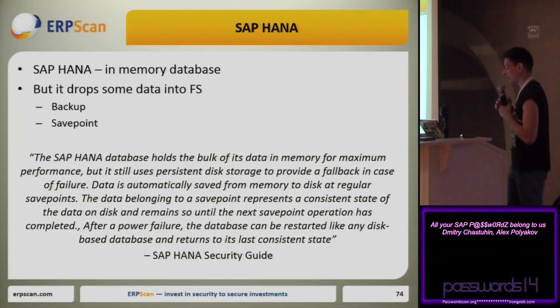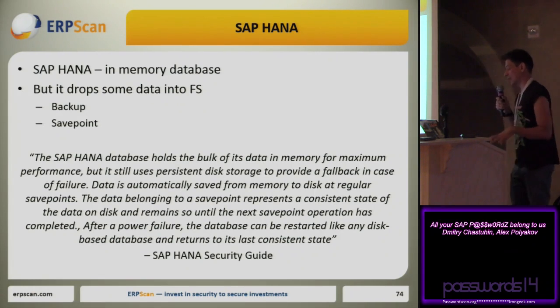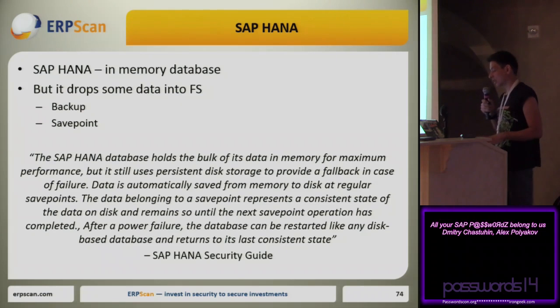What kind of information can we find in the storage except the passwords? As I said, SAP HANA is an in-memory database. That's why an attacker can steal information from DB files from the file system. By the way, HANA drops some data into the file system, backups and save points.